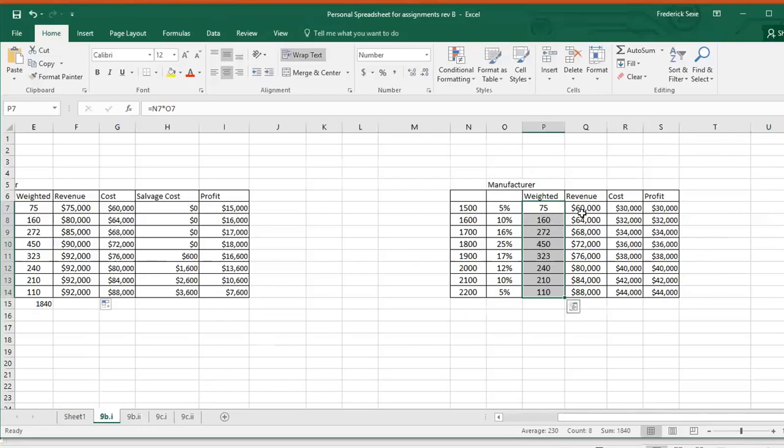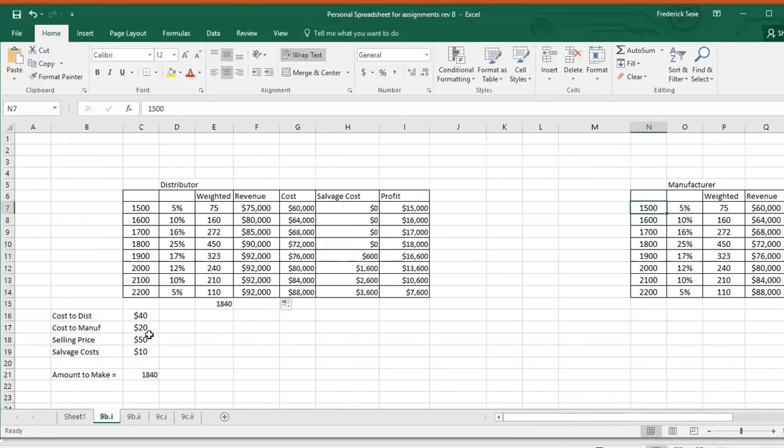So for revenue for the manufacturer, it's the same as before, 1,500 times the cost to the distributor, which is the manufacturer's selling price. So 1,500, let's just click into here real quick. 1,500 times 40 gives us 60,000.